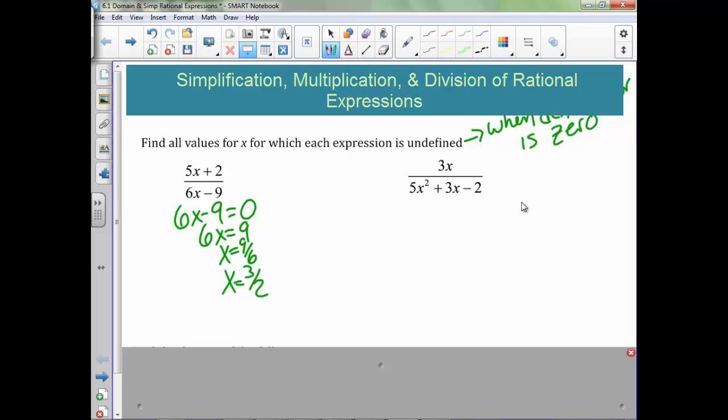Same idea here. We want to figure out when this denominator is 0. So we need to find two numbers that multiply to -10 and add to 3.